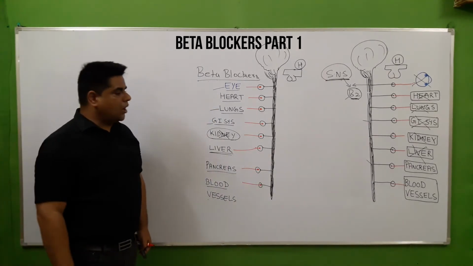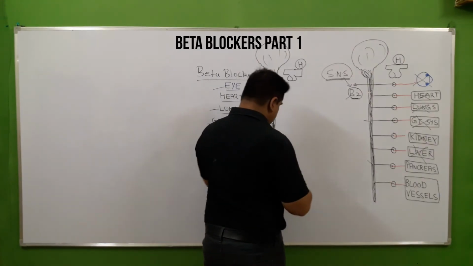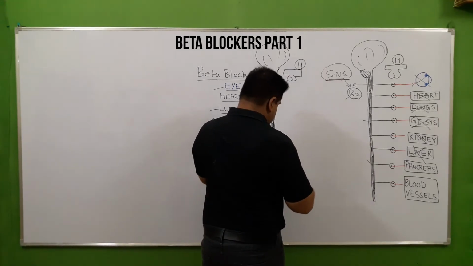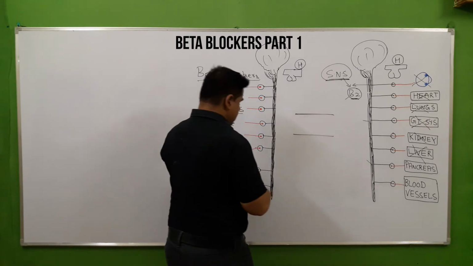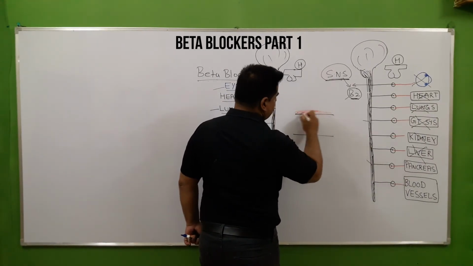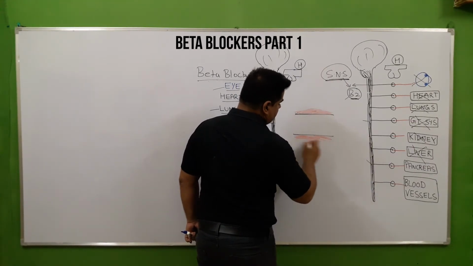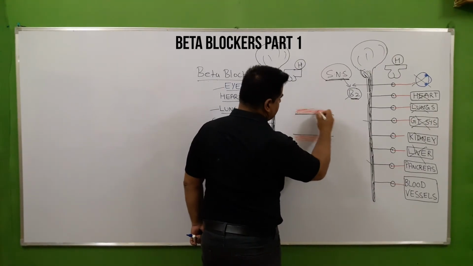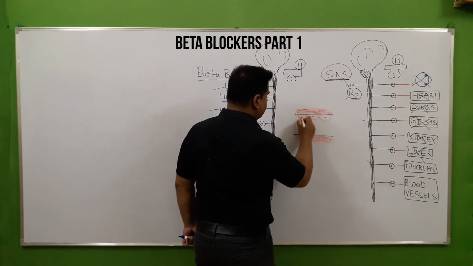Okay, so now comes the last organ, that is blood vessels. Everybody knows that blood vessels in the body have smooth muscles in them, and the inside of the blood vessel has endothelial cells.